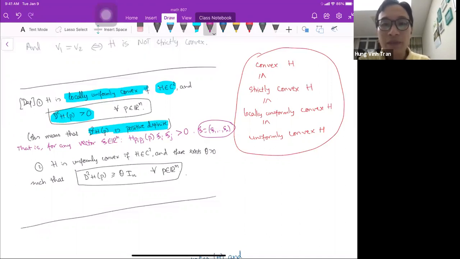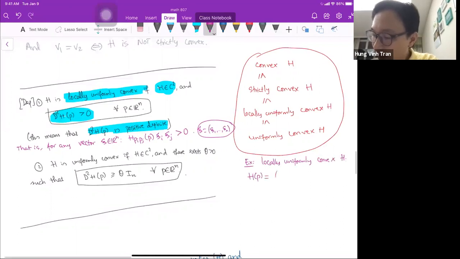So locally uniformly convex is stronger than strictly convex. Why am I careful here? Why do I only put locally uniformly convex? Because it's greater than 0, but when p goes to infinity, for example, it might get very close to 0. So, an example for locally uniformly convex H, if I'm not mistaken, you can check me: take H(p) equals (1 plus |p|^2) to the power 1/2.